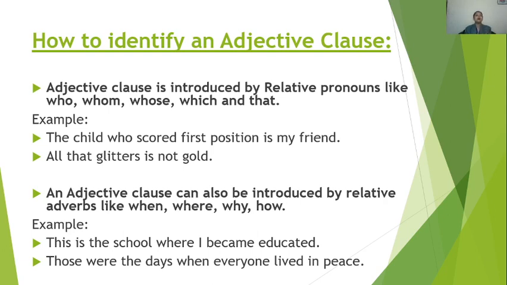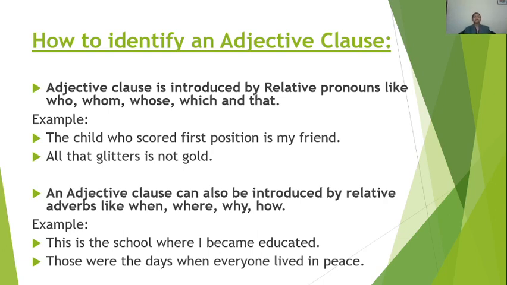Now, how to identify an adjective clause? Means as right now ma'am was picking out the adjective clause, so you must have got confused about how we will place it. So the first rule is that, children, adjective clause is introduced by relative pronouns. What are relative pronouns? Who, whom, whose, which, and that. They are always introduced by a relative pronoun.